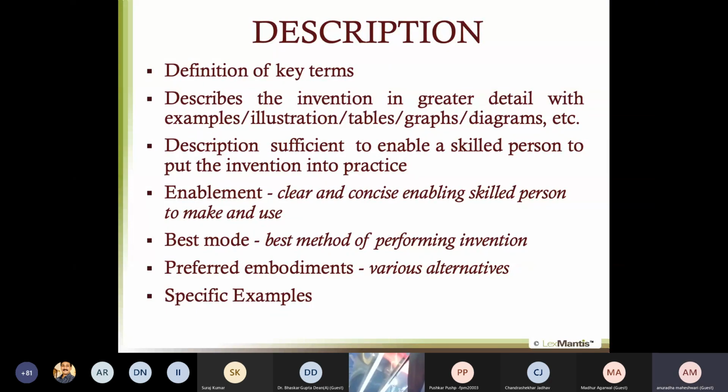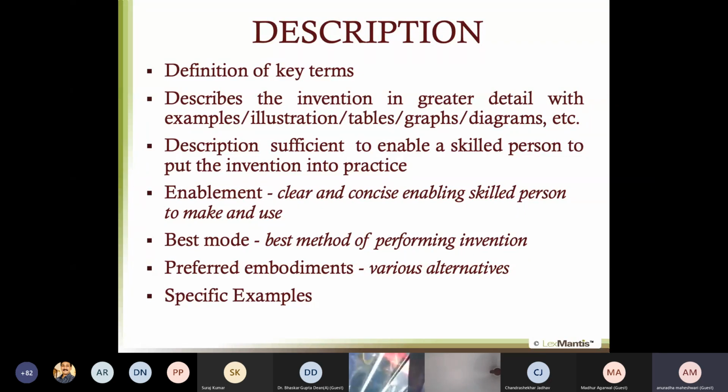Now we come to the description. What do we write in the description? We define the key terms and we describe the invention first briefly. We give a summary of what the invention is all about, as a quick tour of the invention. Then we give a complete description in great detail.